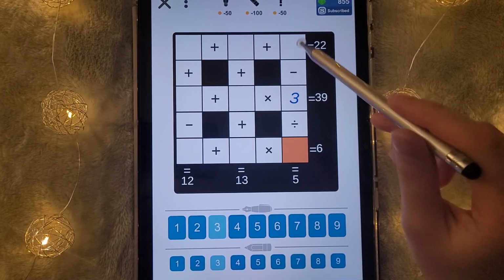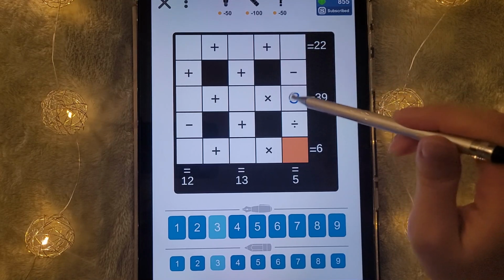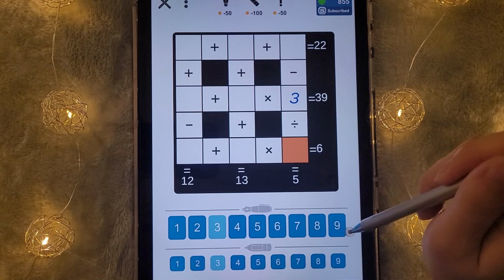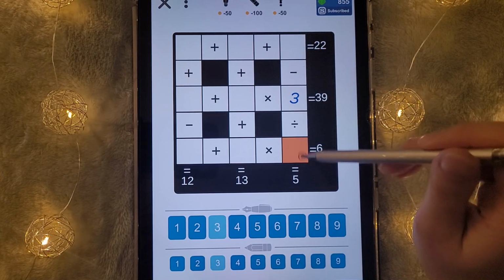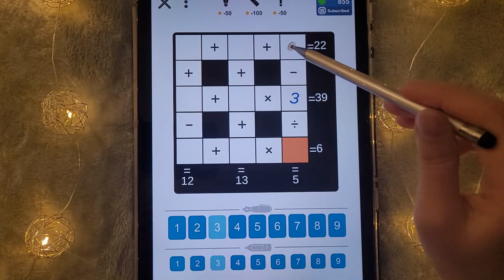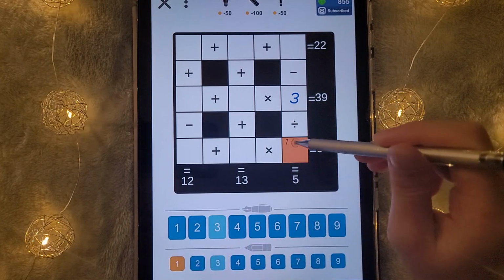Okay, and then something is subtracted by 3 and then divided by something to get a 5. So I could divide something, like if this was an 8, that would be 8 minus 3 is a 5, divided by a 1 to get 5.